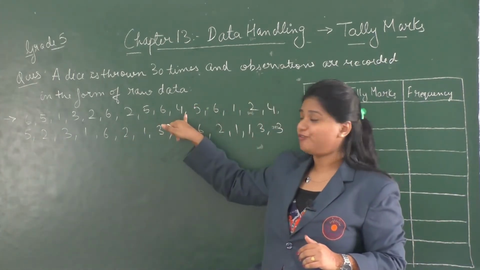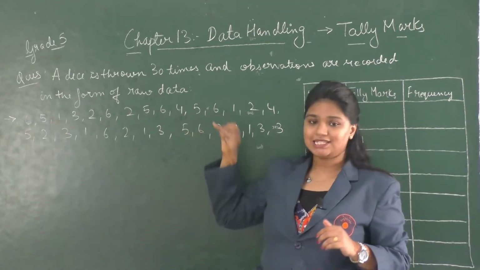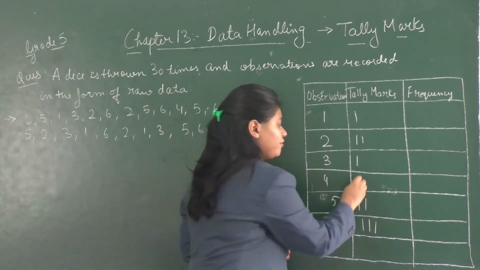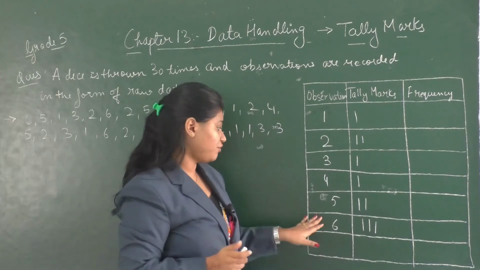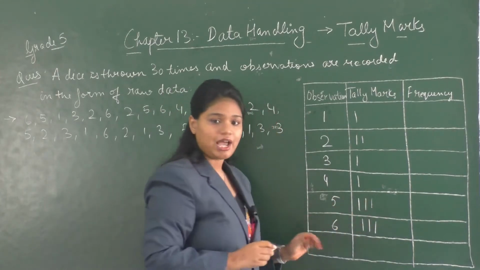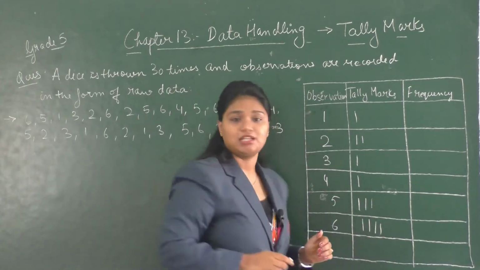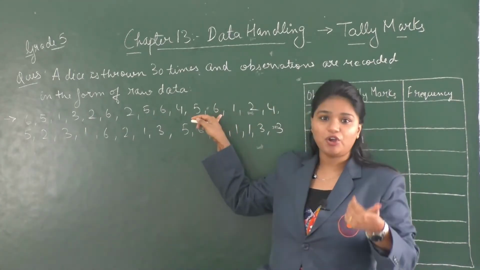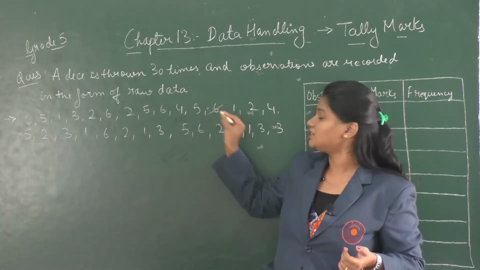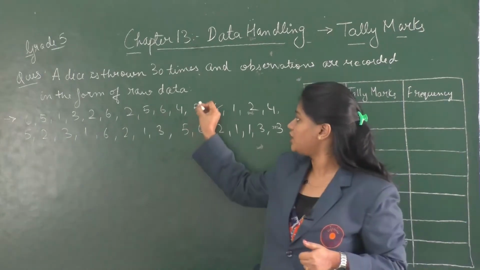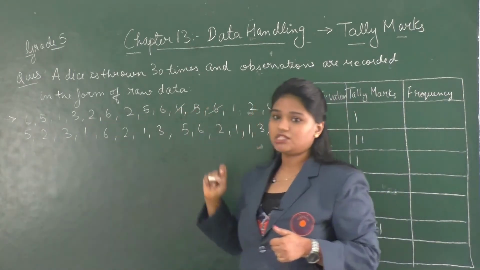Then we have 4, 5, 6. So across 4 we will add one tally mark, across 5 we will add another and then across 6. So for your convenience you can just cross the digits that you have considered, okay. So here I have considered all these digits.